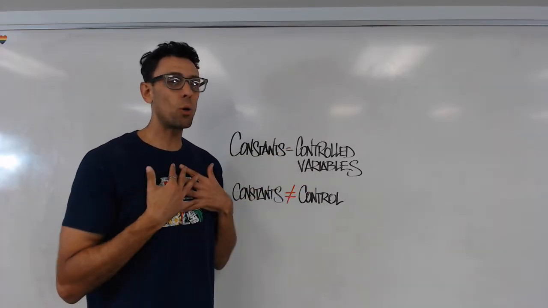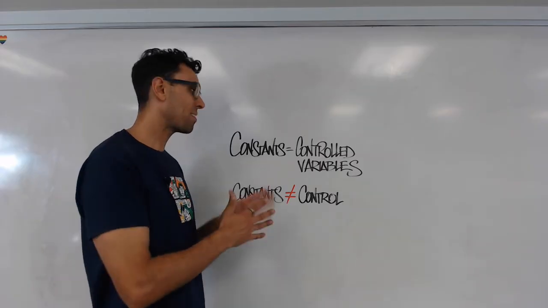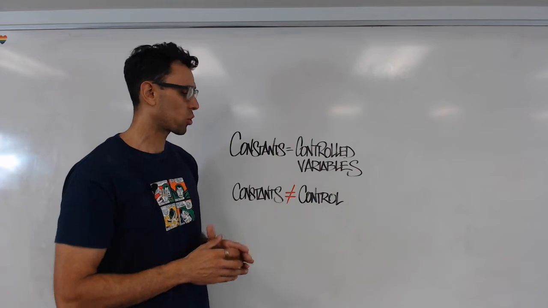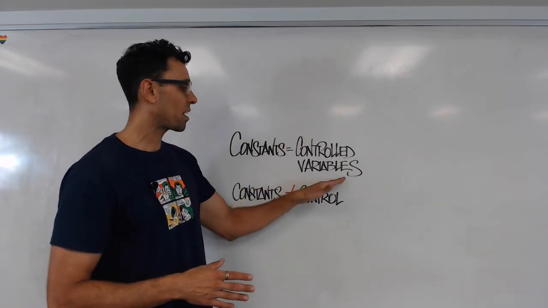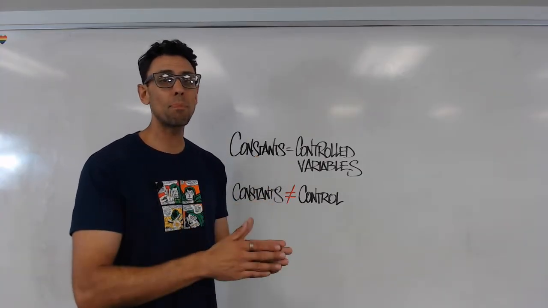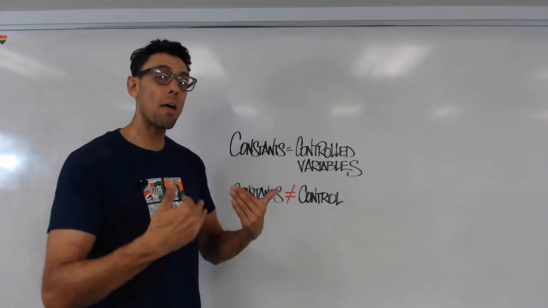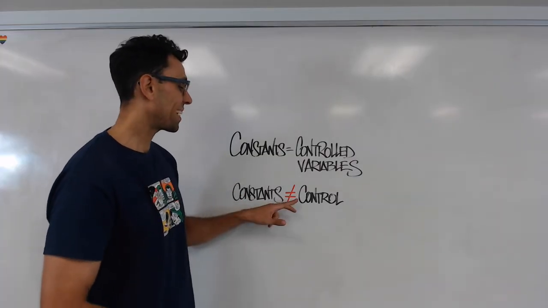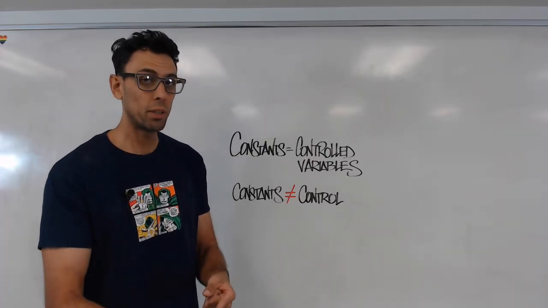So while I always use the word constant because I think it's just, well, best to differentiate between constant and control group, if you hear controlled variable, it's just another way of saying something you're going to keep the same, something that's not a variable, something you don't want to change. On the other hand, a constant is not the same as a control or control group, right?